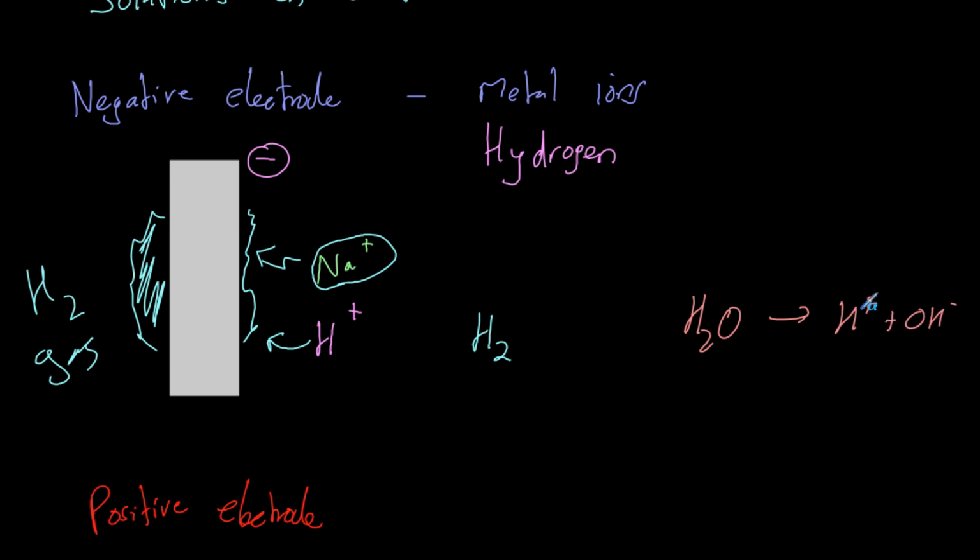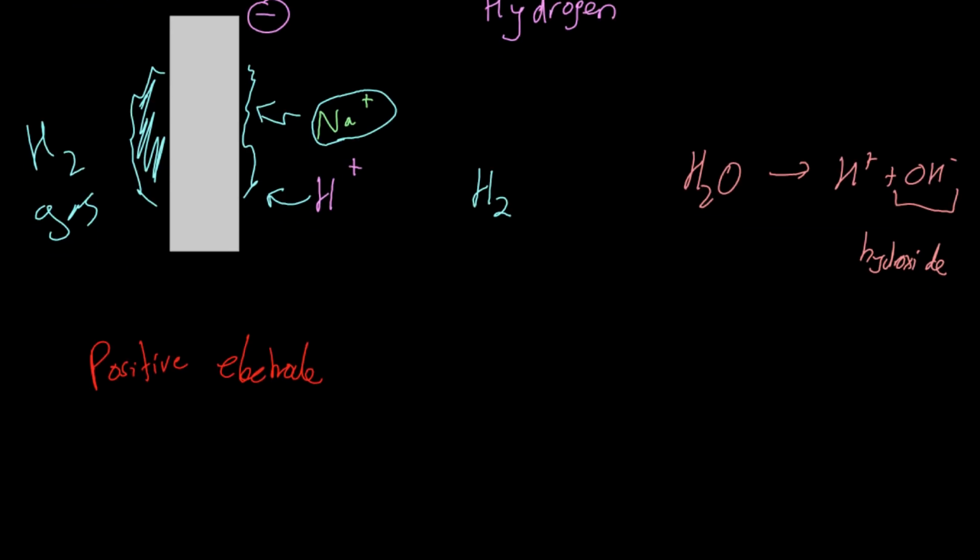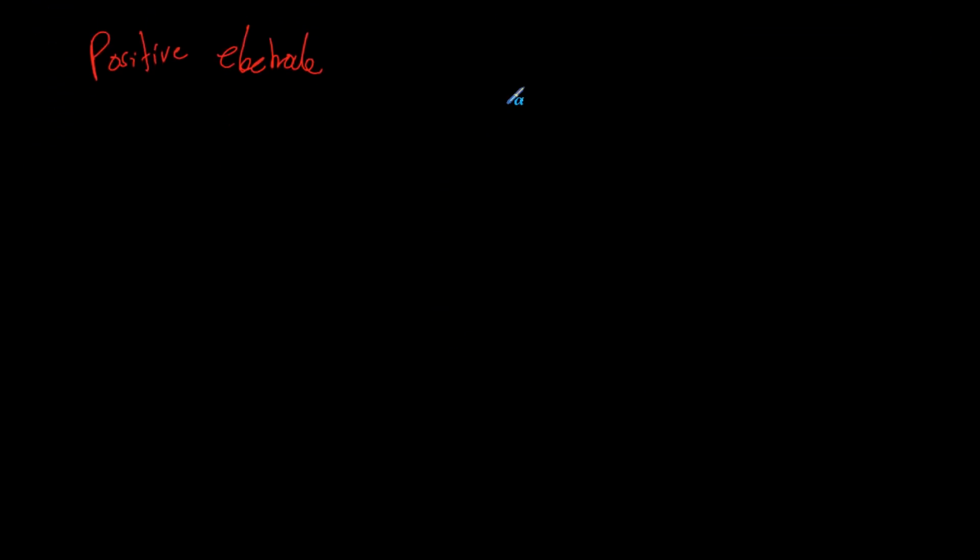H plus is attracted to the negative electrode, and that means that OH minus, hydroxide, is attracted to the positive electrode. And hydroxide, when it gets to the positive electrode, will form oxygen gas.